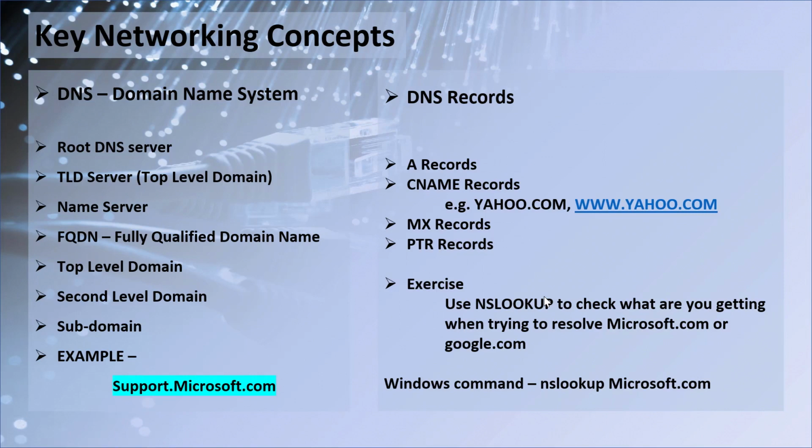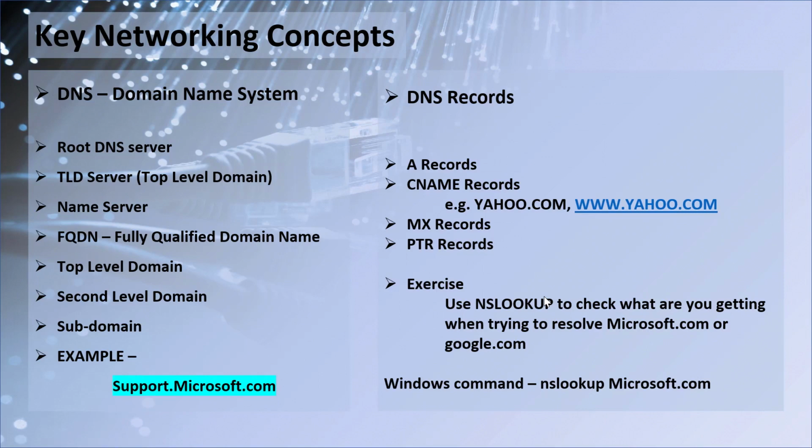For example, there is a domain abc.com, and another domain owned by the same organization, xyz.com. If they want xyz.com to resolve to abc.com only, then there will be a CNAME. That CNAME for xyz will point to abc.com. So whenever any user opens xyz.com, it will go to abc.com.